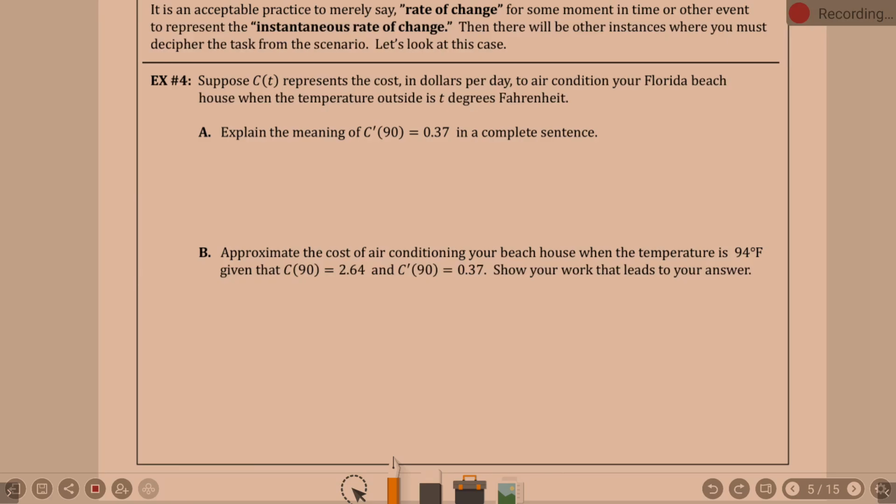Almost. Except the way you said that, that's not the derivative. You're just saying C of 90 equals 0.37. Because when the temperature is 90 degrees, the amount of dollars per day is increasing by a rate of 37 cents. There you go.